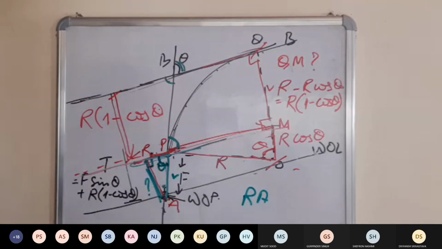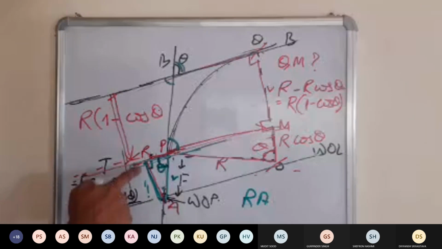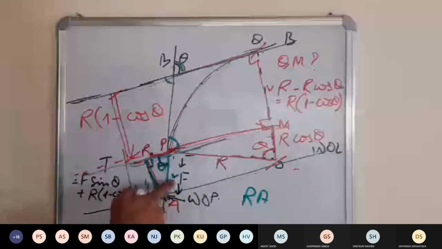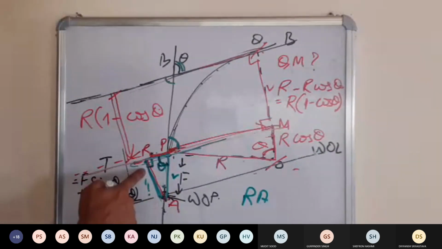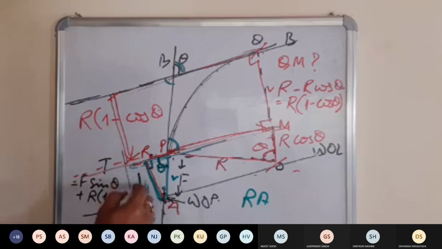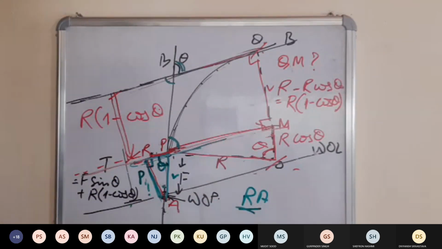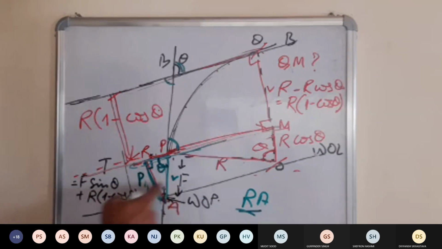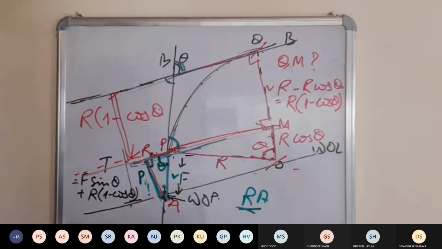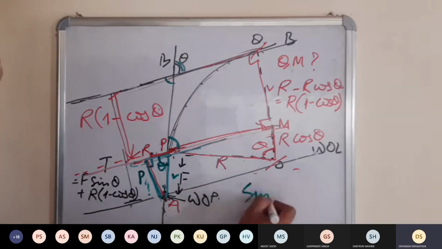So this is theta. So in this triangle, we have got hypotenuse as F, and we want to find out the perpendicular, which is RA. So hypotenuse और perpendicular के बीच में कौन सा फंक्शन आ रहा है? Sir, sine.